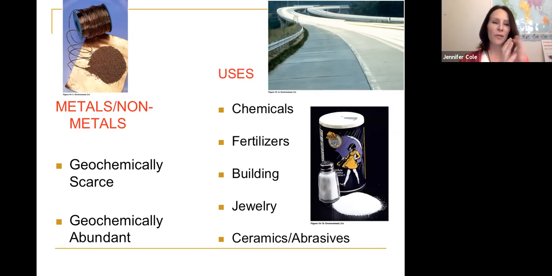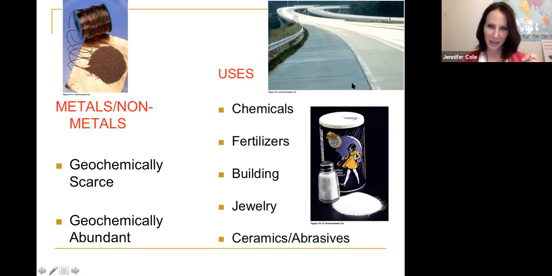So over on the left-hand side, we have metals and non-metals. We categorize these things based on whether they are metals, in the case of copper, right here, I'll talk about copper in a little bit, and non-metals. So in the case of this, asphalt, concrete, cement.